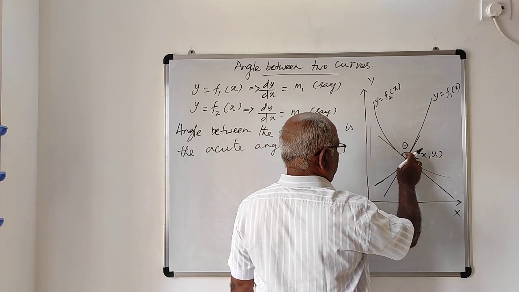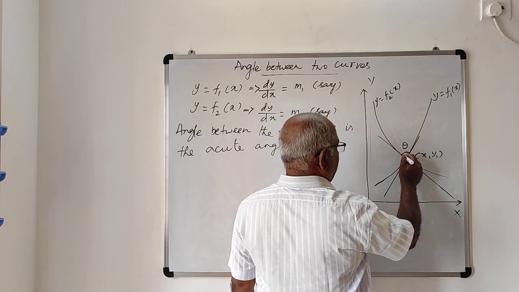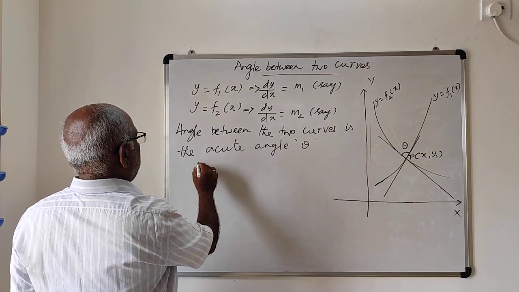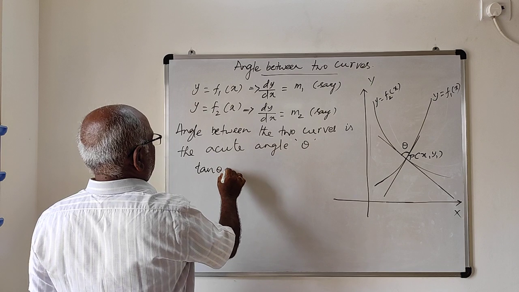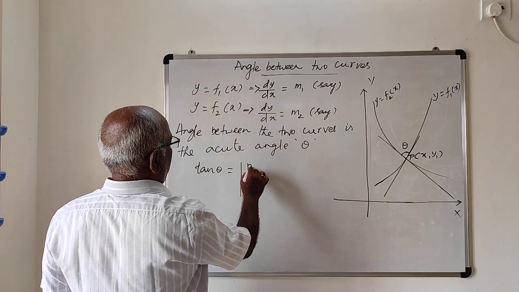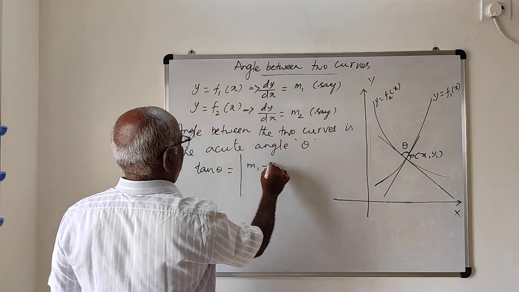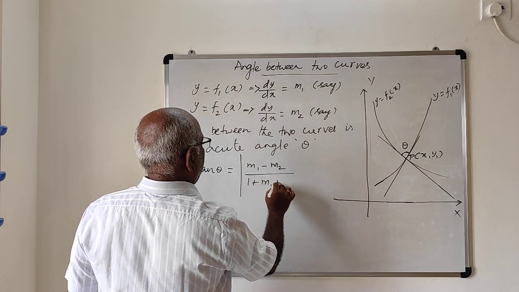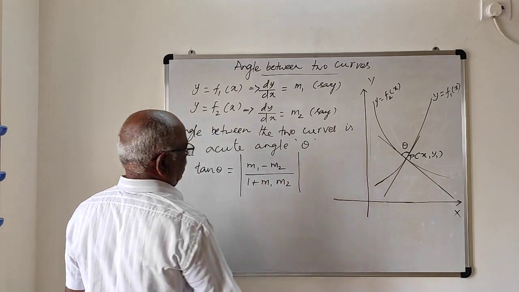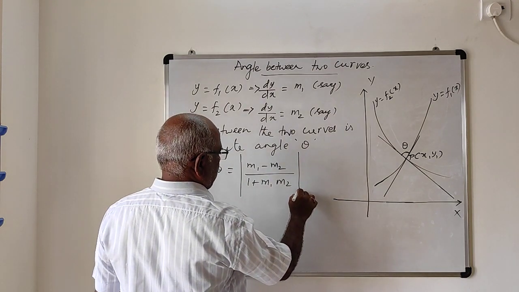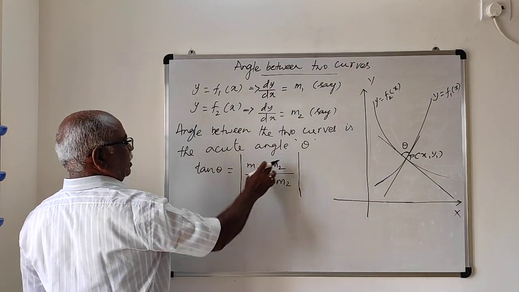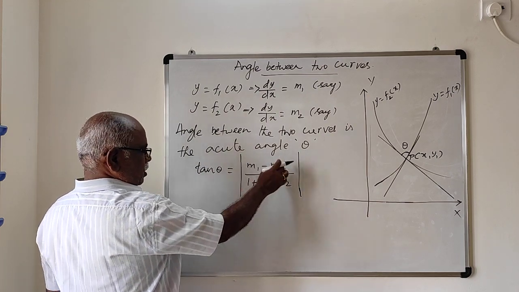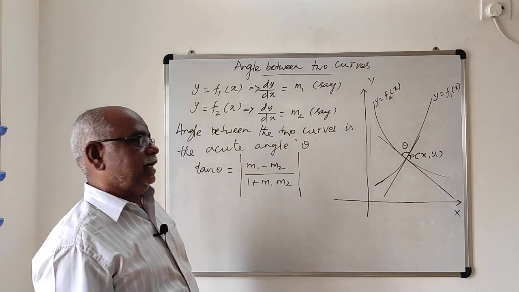The acute angle is the required angle. tan theta equals modulus of (m1 minus m2) divided by (1 plus m1 m2). This is the angle between the two curves. m1 is the slope of the tangent for the first curve and m2 is the slope of the tangent for the second curve.